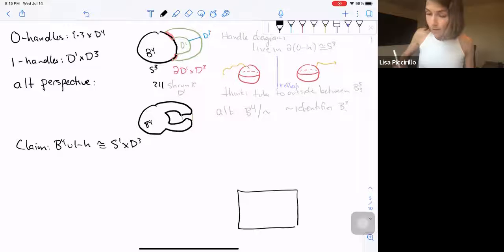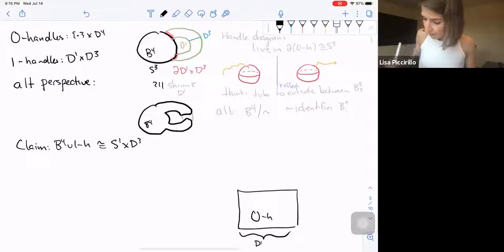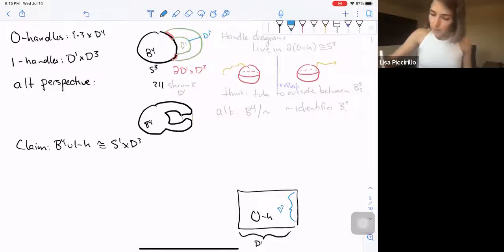We're going to start as usual with our zero handle, but our zero handle is going to be this box here. And it's a box for today because I've parameterized our zero handle. You know, what's a zero handle? It's just a B4. So I can parameterize it if I want to, which I do. I'm going to parameterize it so that this is a D1 and maybe this is a D3. Okay, so let me make that a little bigger.